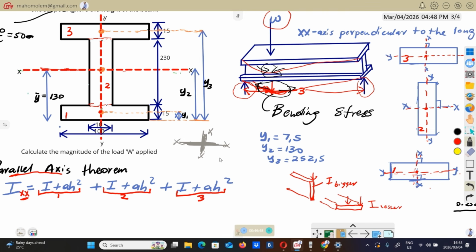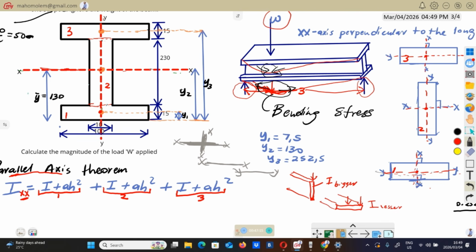So when we check this red x-axis like this, then when you come to box number 1, this y-axis, this one, goes like this. That means the y-axis here is parallel to this x-axis.